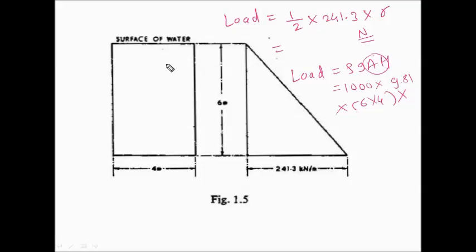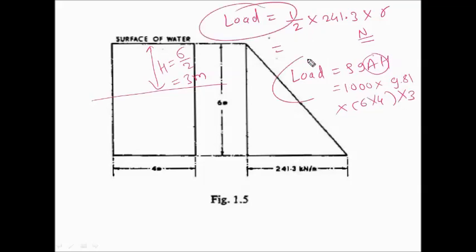The bulkhead is a rectangle, so H will be at the half, 6 by 2, that is 3 meter. If you do both calculations, you can call them F1 and F2, both the answers will remain the same.